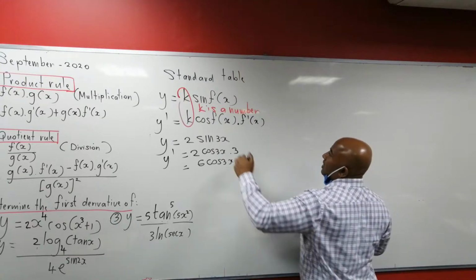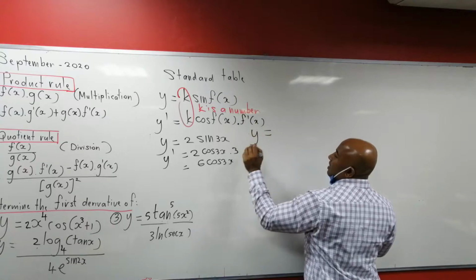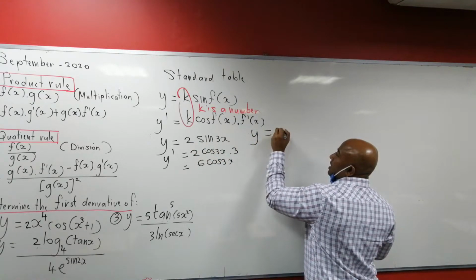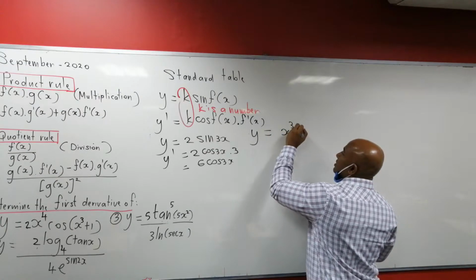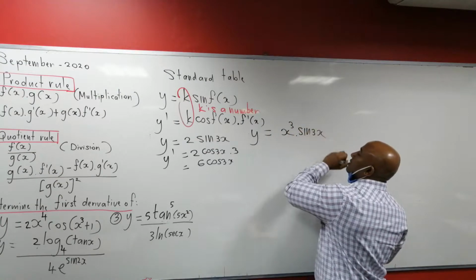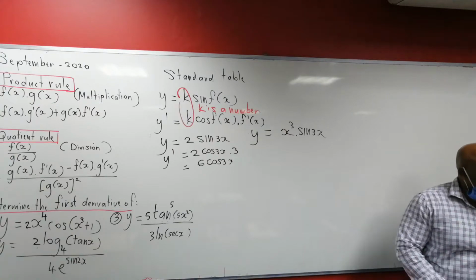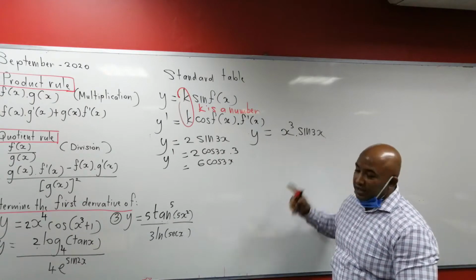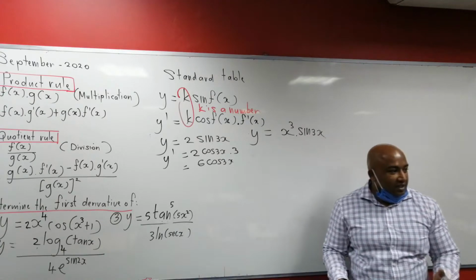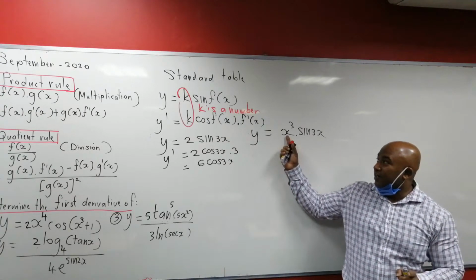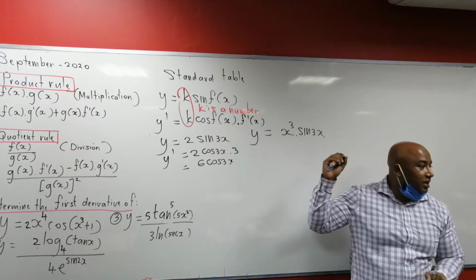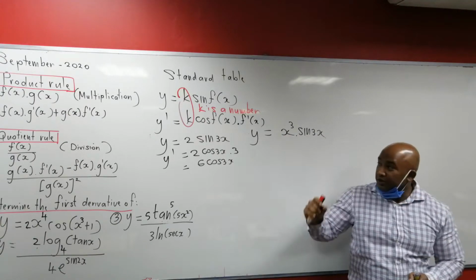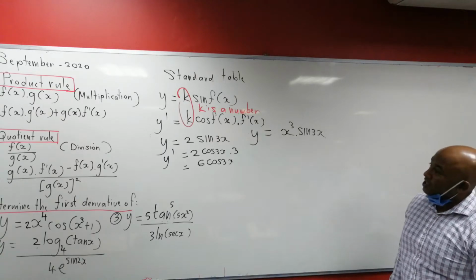Now, what happens if, instead of a 2, I put maybe an x cubed? Now we cannot just write down k cos of 3x, because in front is no longer just a number. It's now another function of x. Can you see that? So what do you do in a situation like this?